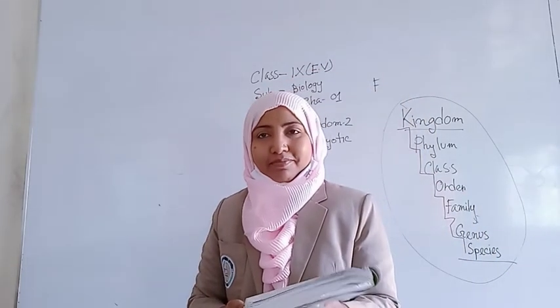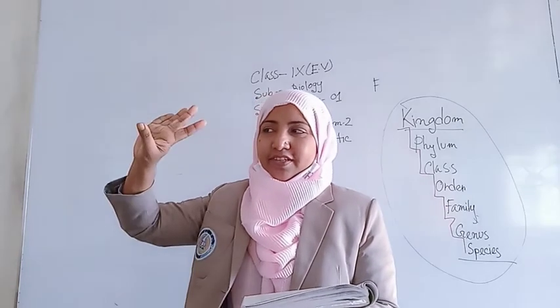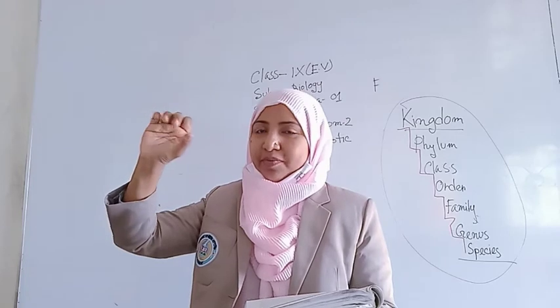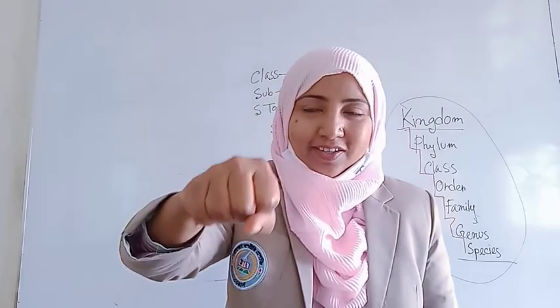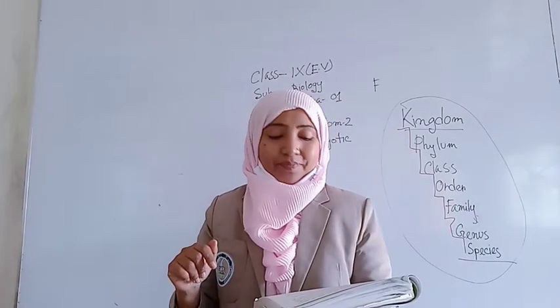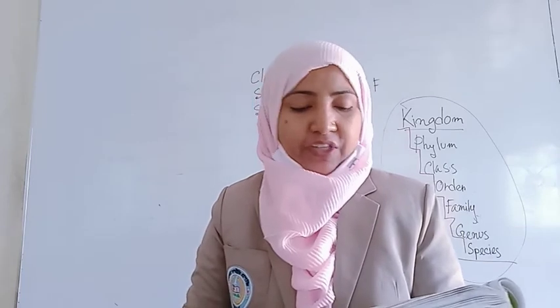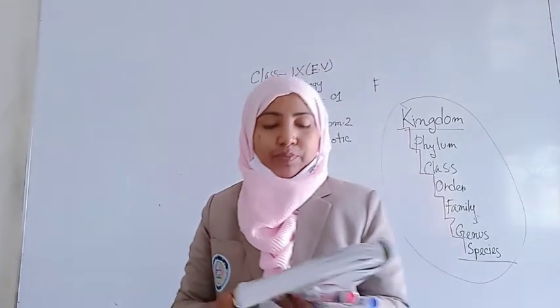Order: we have 5 fingers, 1 finger like this and 4 like this. We can catch anything carefully. So the word is primates: hands with 5 fingers suitable to grasp and vision more developed than sense of smell.